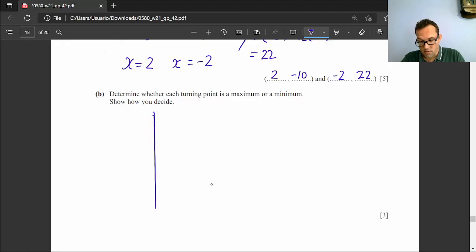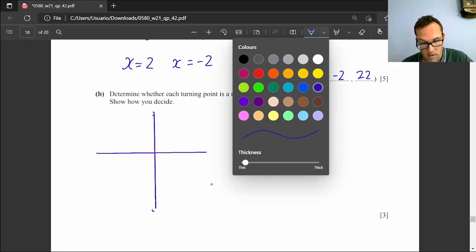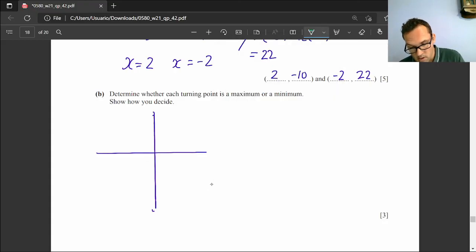You draw a quick sketch, and on there you show what the graph looks like. So first, let's indicate the 2 points. 2, minus 10 will be there. And minus 2, 22 will be up there.